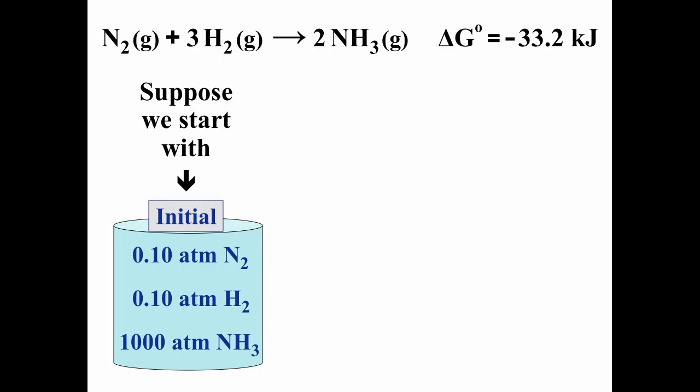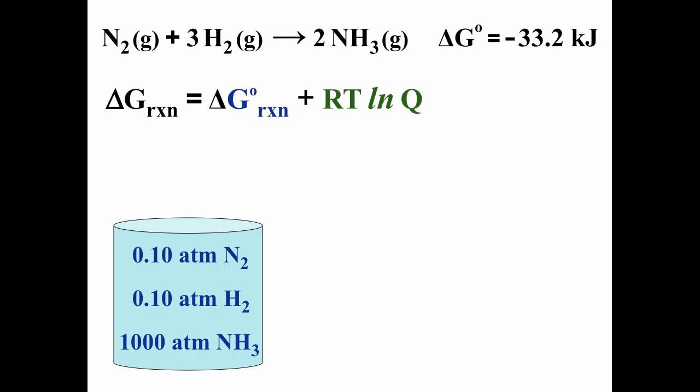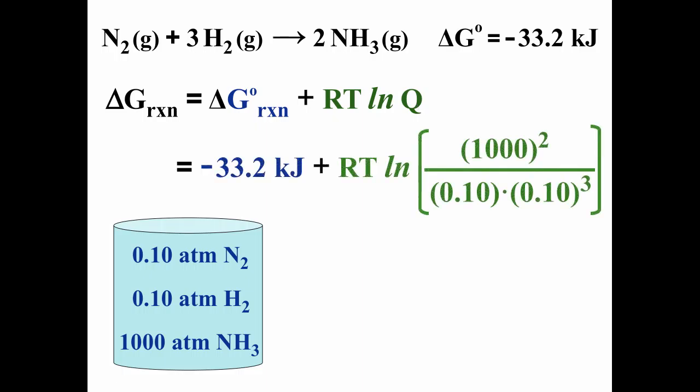It won't make more products. It might go to the left instead. Well, let's find out. How we do this is we calculate delta G under non-standard conditions. It's equal to delta G under standard conditions plus RT log Q, where Q is the reaction quotient.